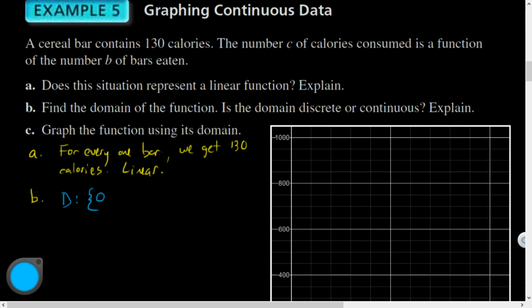Now, technically, I can eat half a cereal bar or a third of a cereal bar, but based on this problem, they're just going to have us count by whole cereal bars. As if you don't know how to take a bite. You literally just slide the cereal bar into your mouth and swallow it whole. It'd be weird.